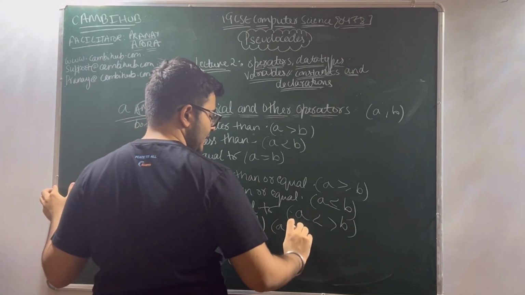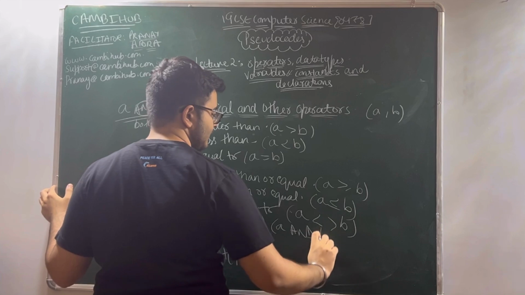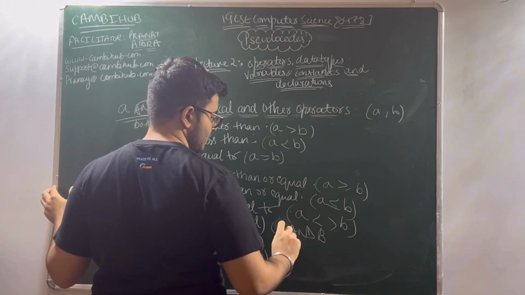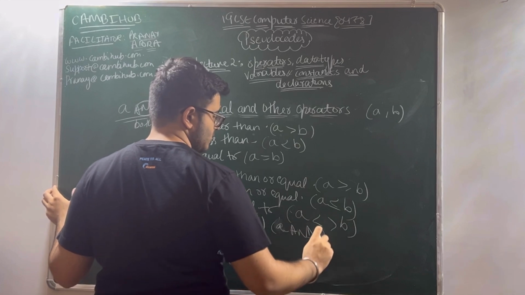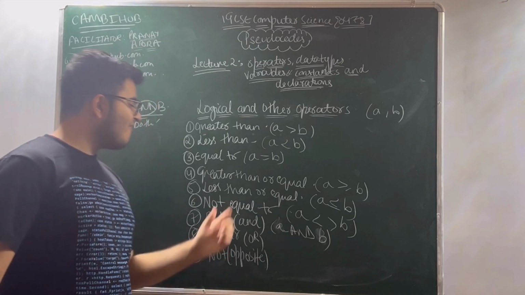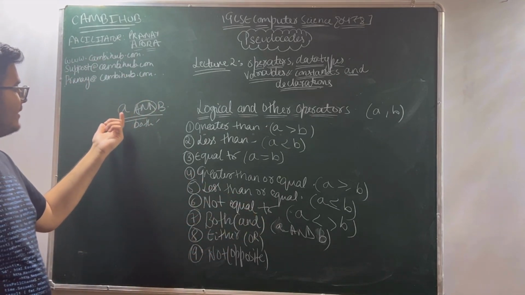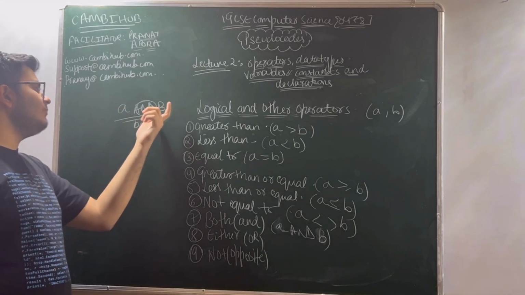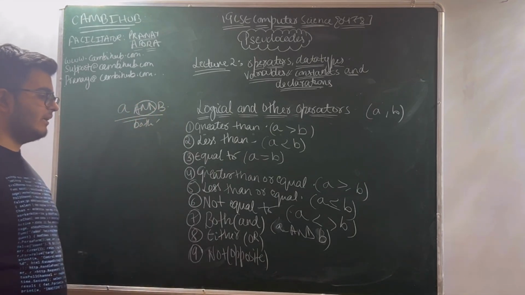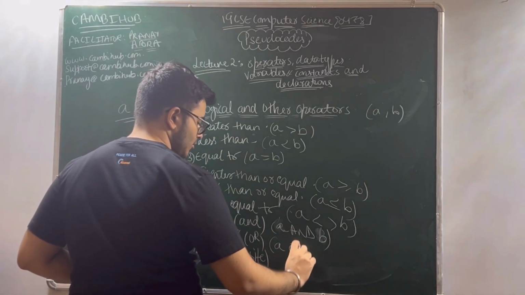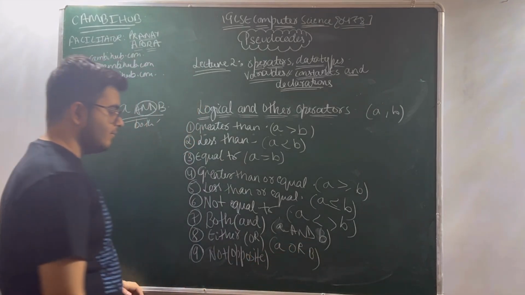I would write A AND B, with AND in capitals. If I have to say I need to take either of them, I can take A or I can take B or I can take both of them, then I will use A OR B.